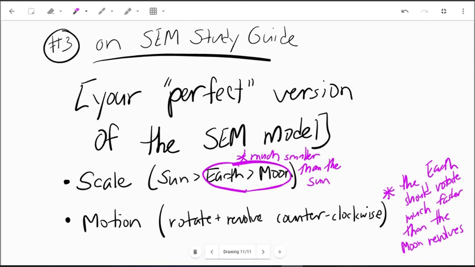The point of this study guide, and the point of any study guide, is for you to go off into your older assignments, into your DNA sheets, into your notes, and find things that were incredibly important so that you can review them, put them into your head, and be able to pull them out for a test. That's the whole point of the study guide. I give you these questions to kind of show you that you can target certain things to look at.